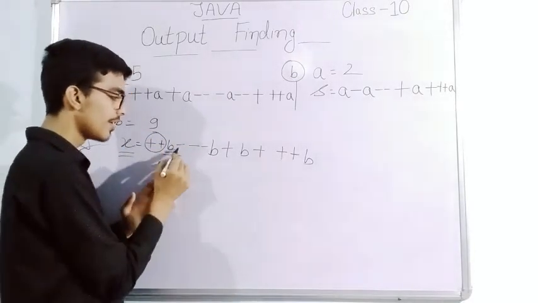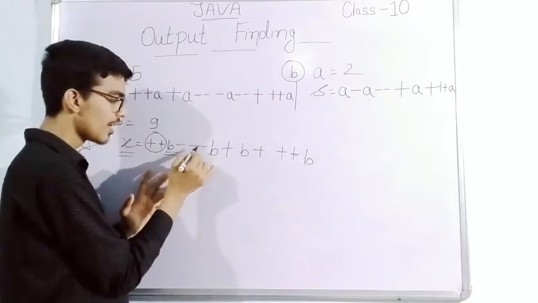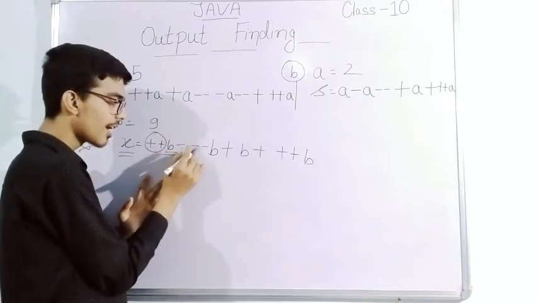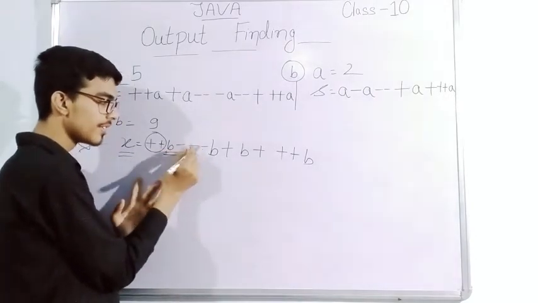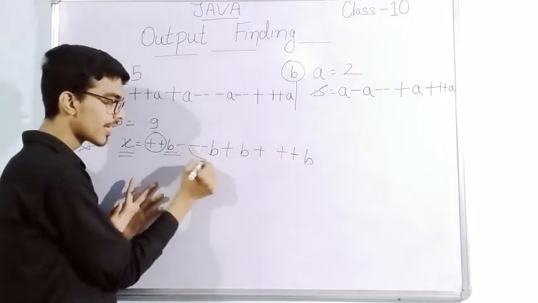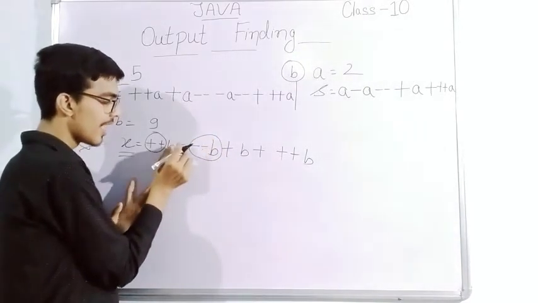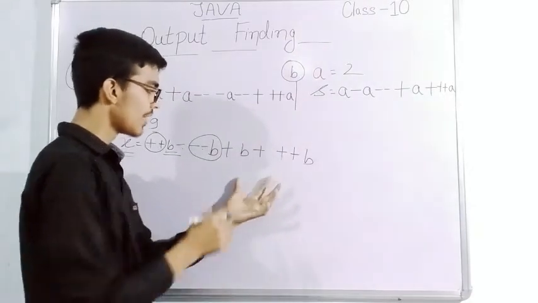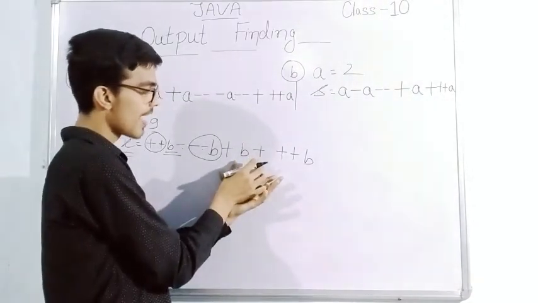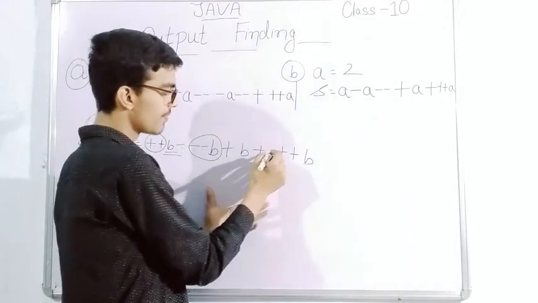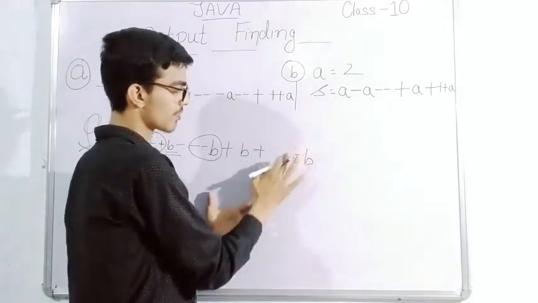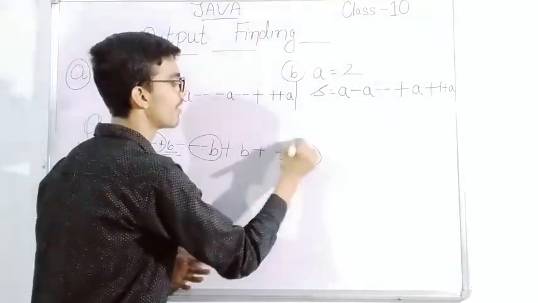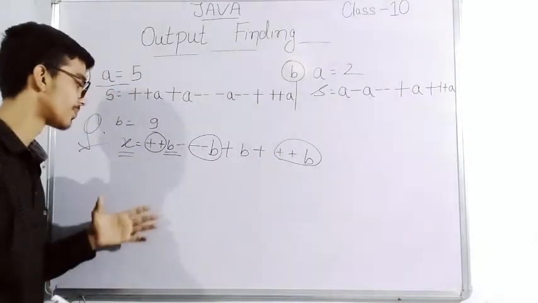After this there are two minus, so we'll take those together, and this minus is the symbol between them. After this we have value b, and then we have this value b plus plus.